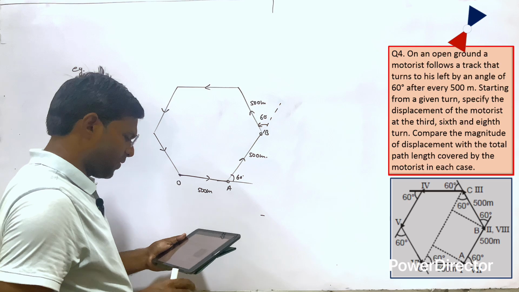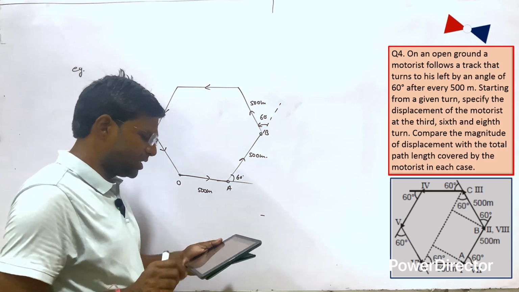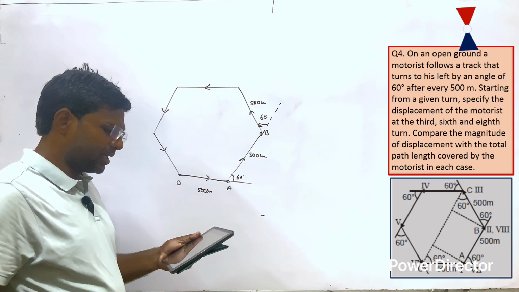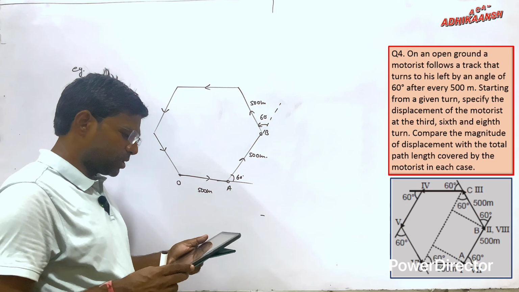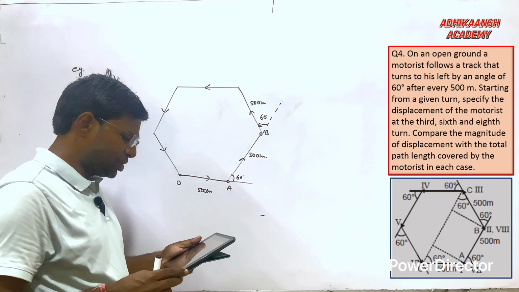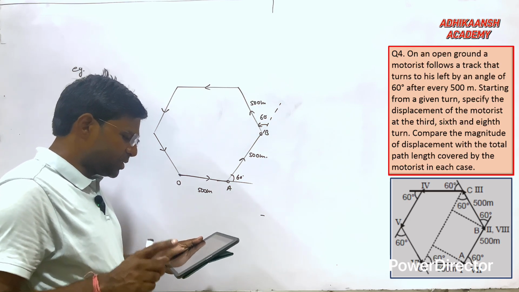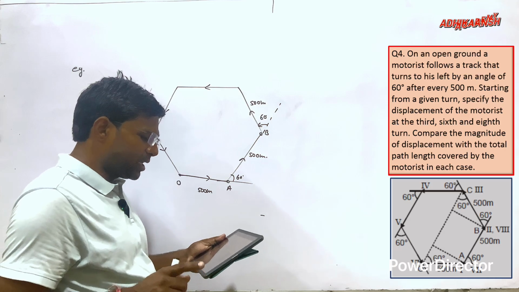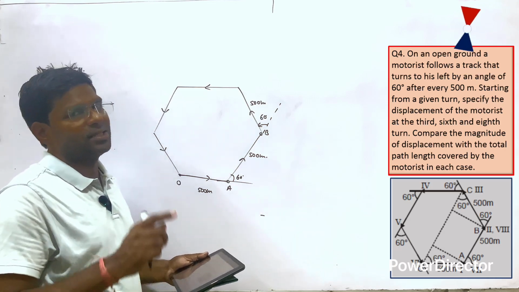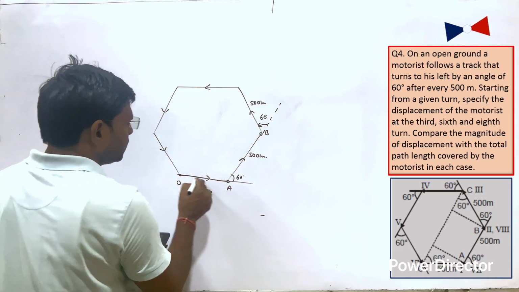So what do you have to find? Compare the magnitude of the displacement with the total path length covered by the motorcyclist in each case. Specify the displacement of the motorcyclist at the third, sixth, and eighth second. So this is the first second.